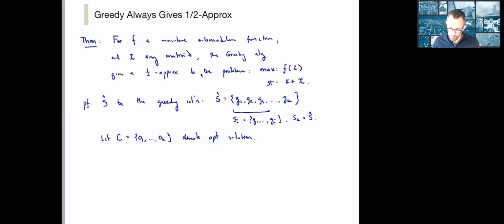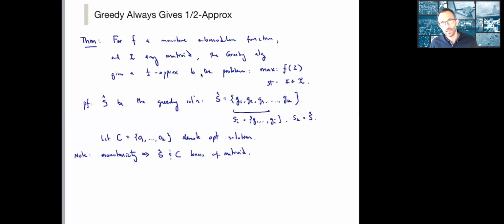By monotonicity, this guarantees that the optimal solution and the output of greedy are going to be bases. S hat and C are bases of the Matroid, and we already have seen in our many lectures on Matroids that all bases have the same number of elements. So we're justified in using K for this.